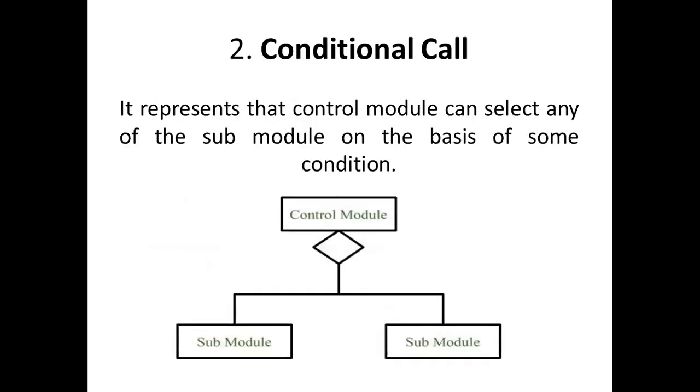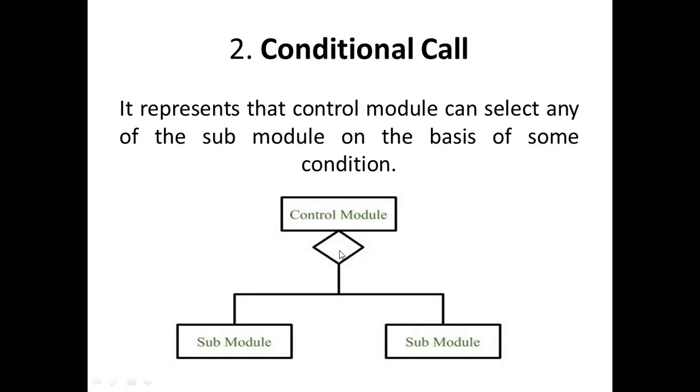It represents that the control module can select any of the sub modules on the basis of some condition. Whenever we write any program, it consists of various conditions, so on that basis we can divide our problem into various modules.